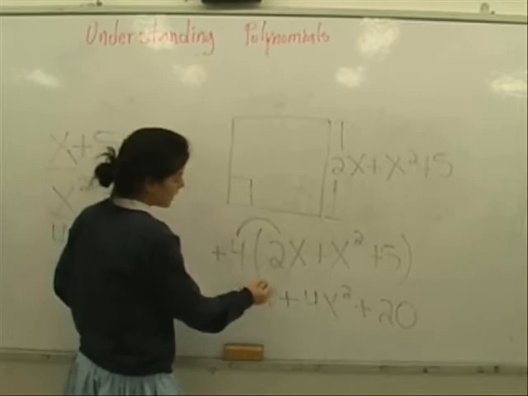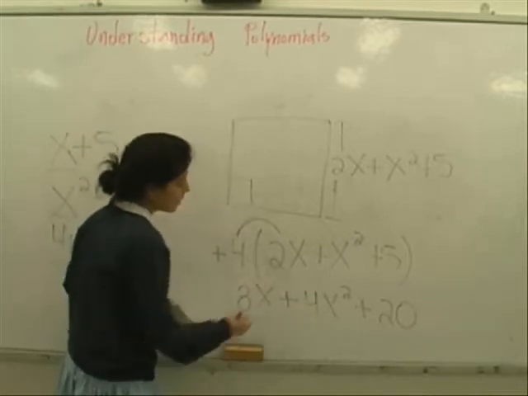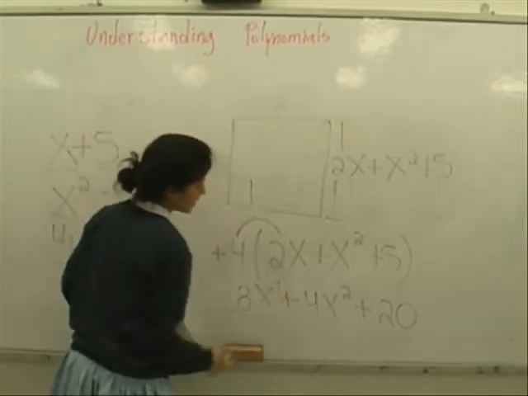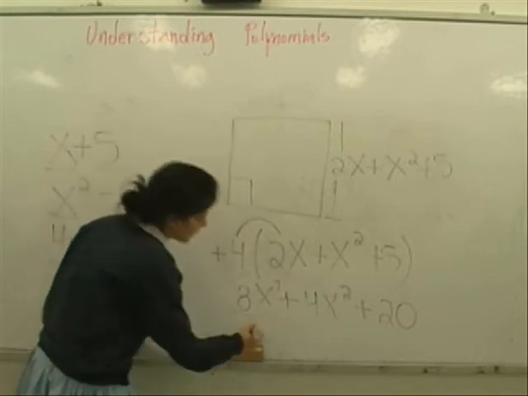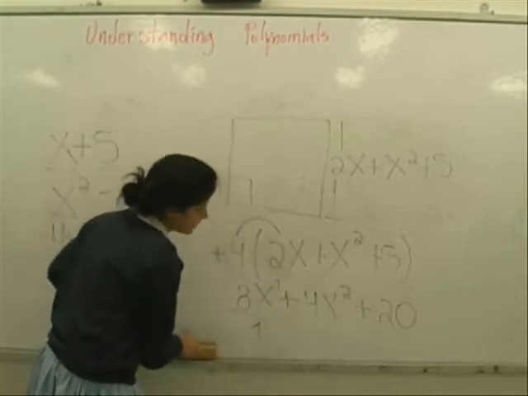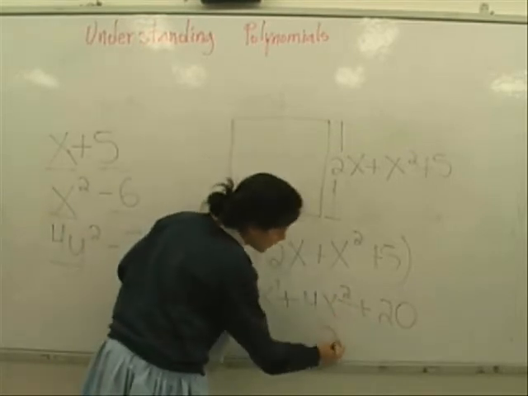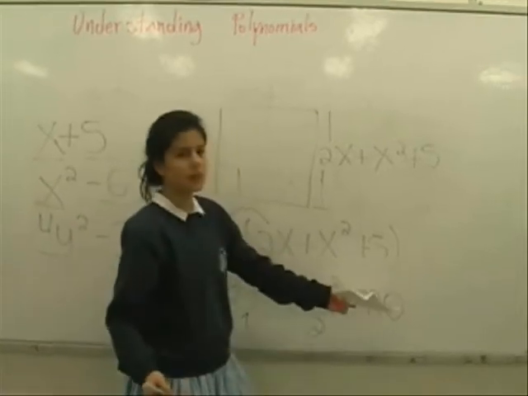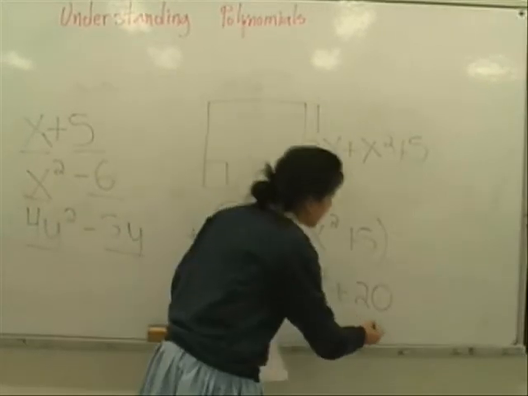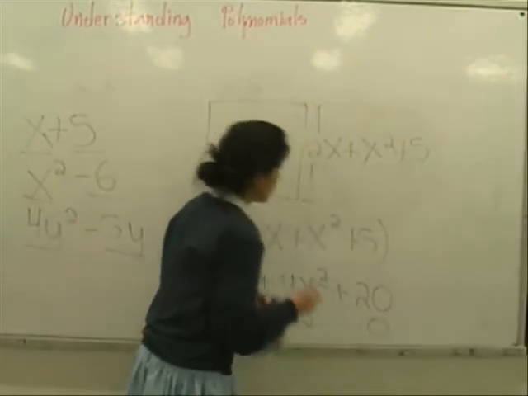So the degree of this monomial will be 1 because the exponent of x is 1. The degree of this term will be 2, and numbers have a degree of 0.